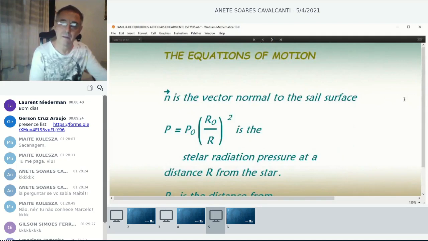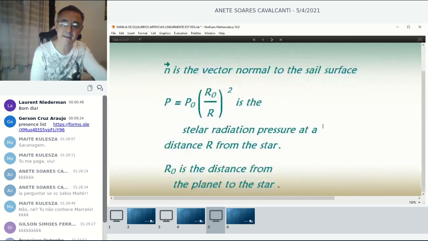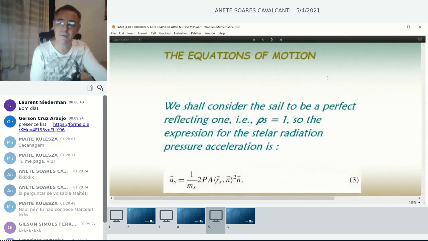I introduce here the vector n, normal to the sail surface, and P, given by this expression, is the stellar radiation pressure at a distance r from the star. We consider here a parameter r naught, which is the distance from the planet to the star, just to keep this normalized and a little bit simpler.